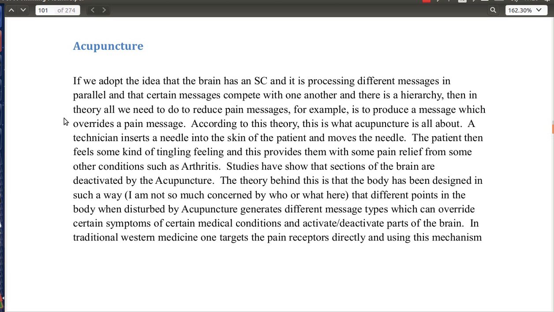If you read up on acupuncture, one of the things that they found in the East, in places like China and so on, is if you suffer a certain kind of pain, they have mapped out the body in such a way that they know that if you insert a needle into a particular region of the body, you get a reaction in another part of the brain, which maps to another part of your body.